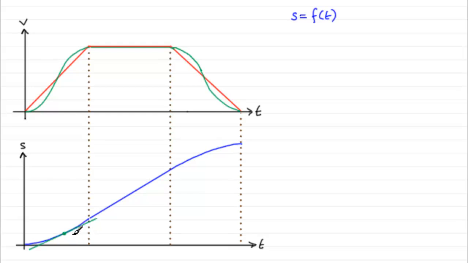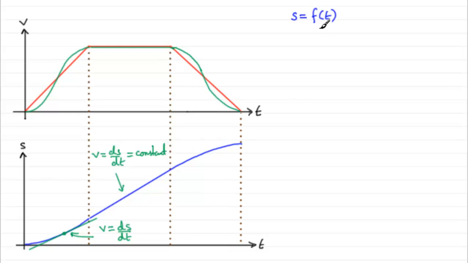And the gradient of the tangent is given by the rate of change of displacement. We have to use calculus. v equals ds by dt, in other words, the rate of change of displacement with respect to time. On this section here, we would find that the velocity given by ds by dt was a constant, never changing.